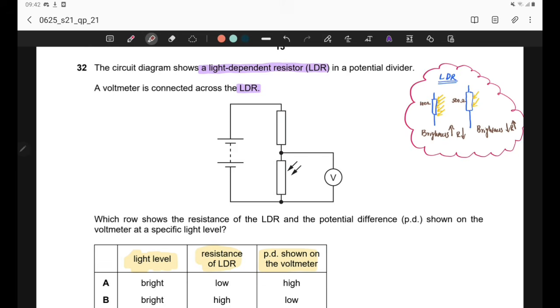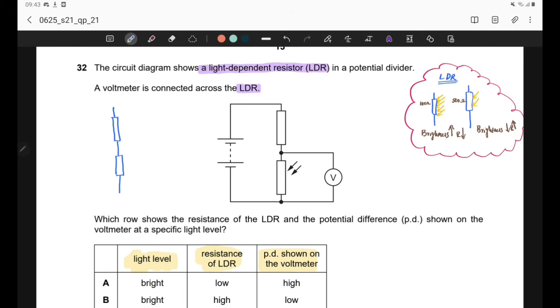Next we can see how a potential divider circuit works. This combination of two resistors in series acts as a potential divider circuit. Two resistors connected in series can act as a potential divider.